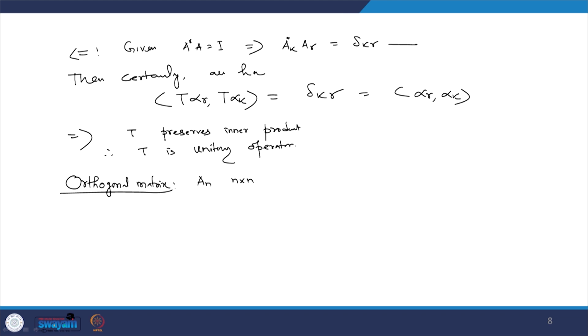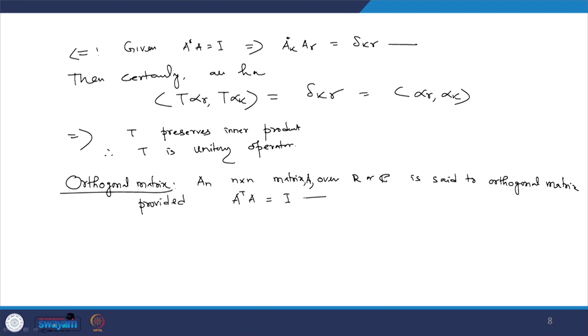An n cross n matrix over real or complex is said to be an orthogonal matrix provided A transpose A equal to identity matrix. A transpose A equal to this one.